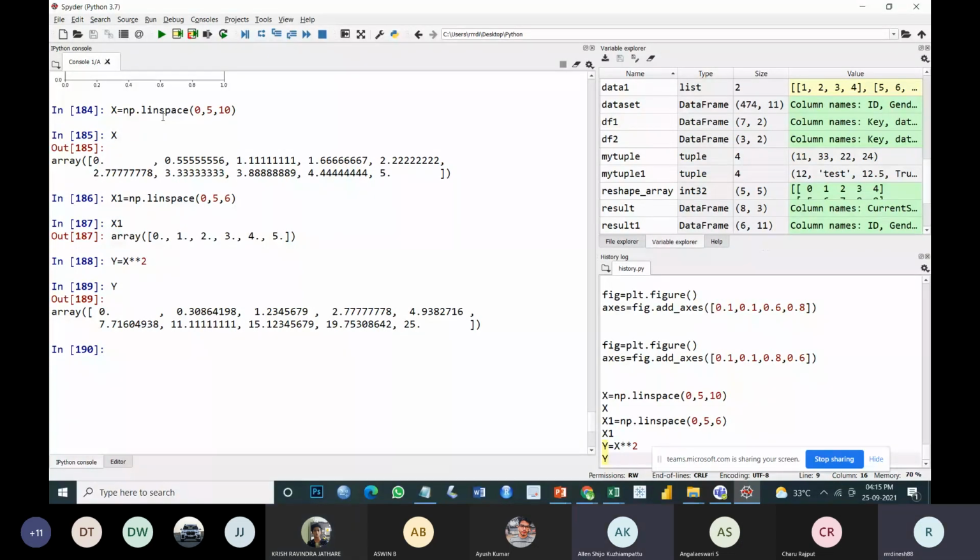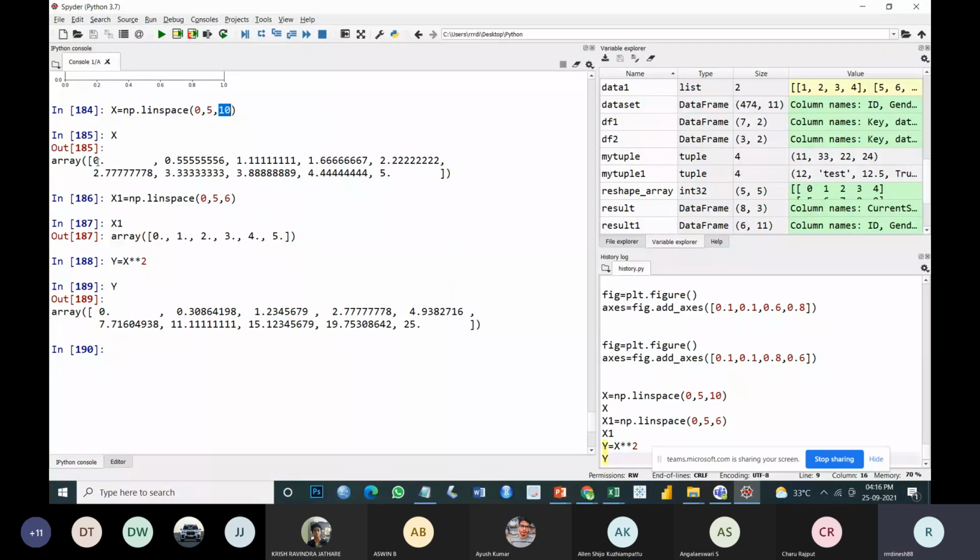Linspace is used to print the sequence of values from the starting and ending value. So here the starting value is 0, the ending value is 5. 10 means equal interval.